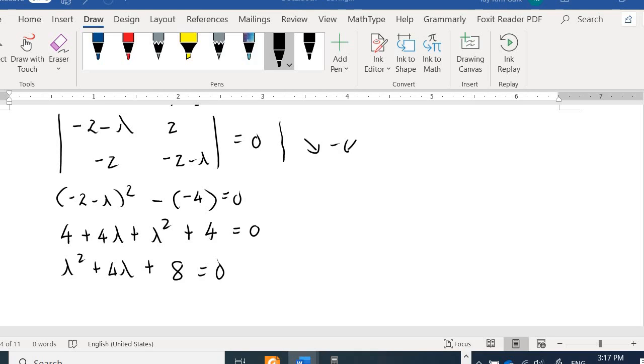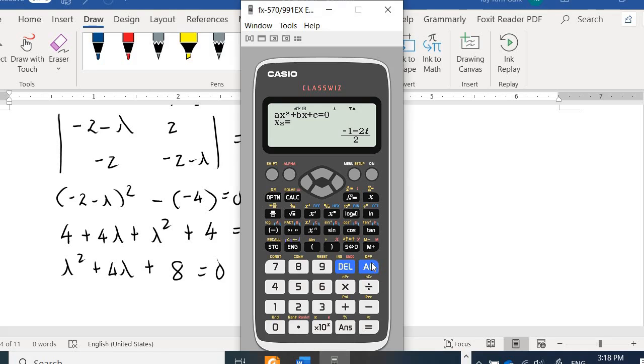Okay, and then you get your lambda using your scientific calculator. What do you get? Negative 2 plus 2i.